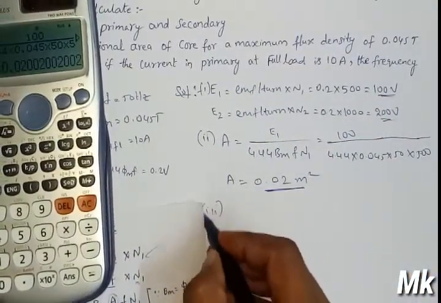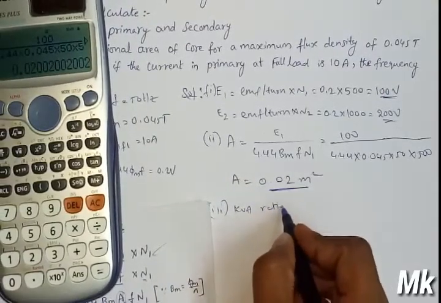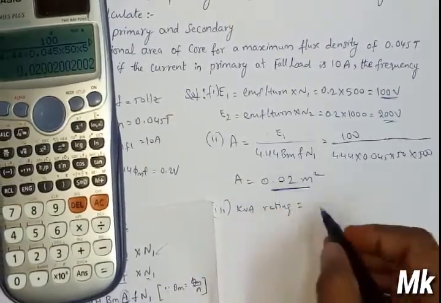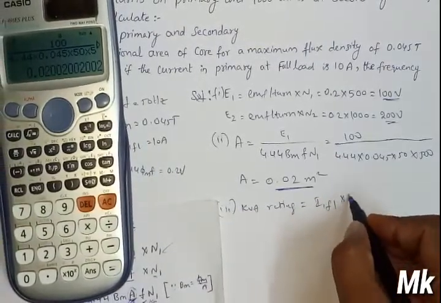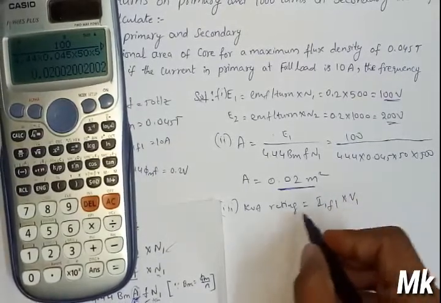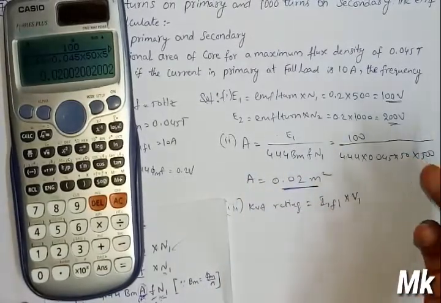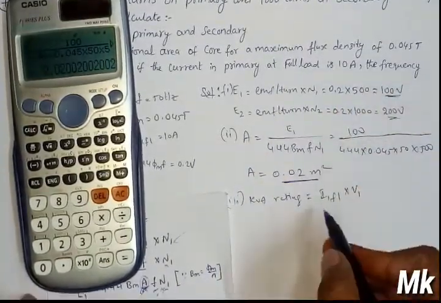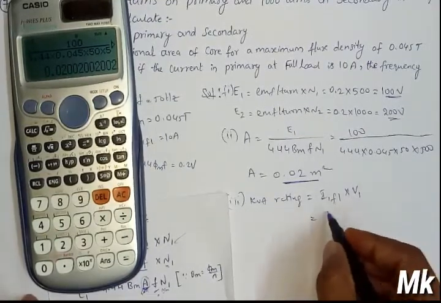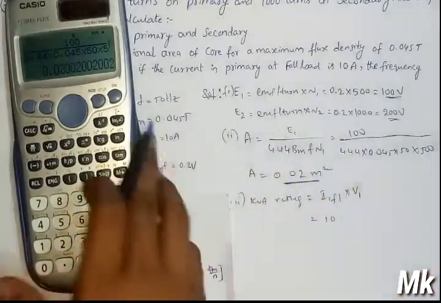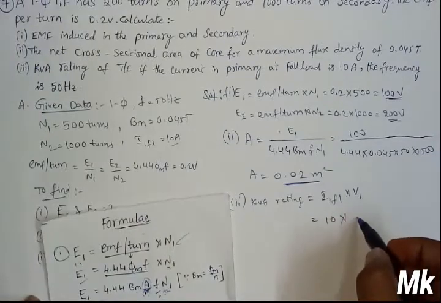Finally, third one, kVA rating or transformer rating is equal to I1FL into V1. We know one thing, kVA rating or transformer rating is equal to primary side volt amp or secondary side volt amp. Here primary side volt amp is equal to I1FL, which is 10 amps given in the given data, so 10 amps into V1.